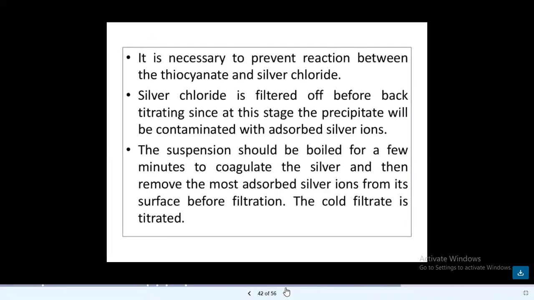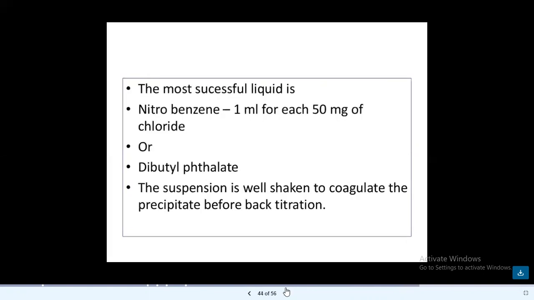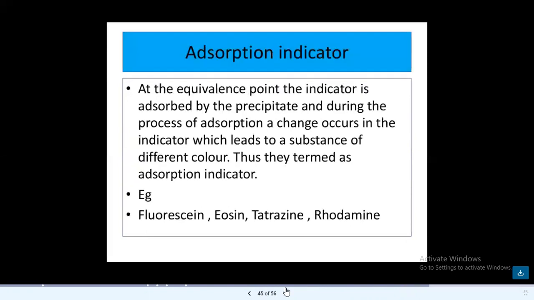We have also discussed that we use nitrobenzene. We have also studied absorption indicators: at the equivalence point, the indicator is adsorbed by the precipitate and shows different colors, and these are called absorption indicators. For example, fluorescein, eosin, tartrazine and rhodamine.